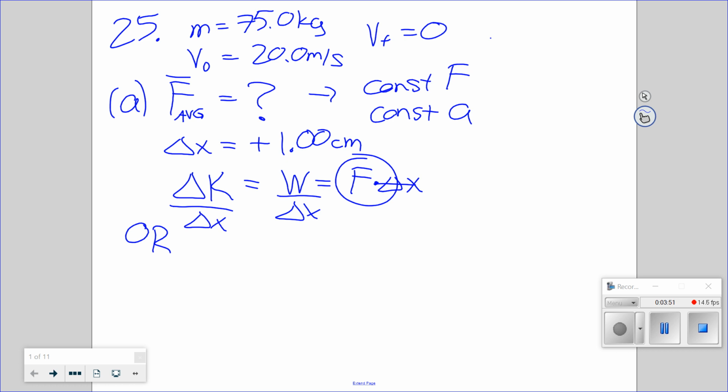Okay, if we can find our acceleration, then we actually know our time. Try it this way. The force is the change in momentum over change in time. And if you calculate your acceleration, then your time is your change in velocity, which is just 20 minus 0, over the acceleration.